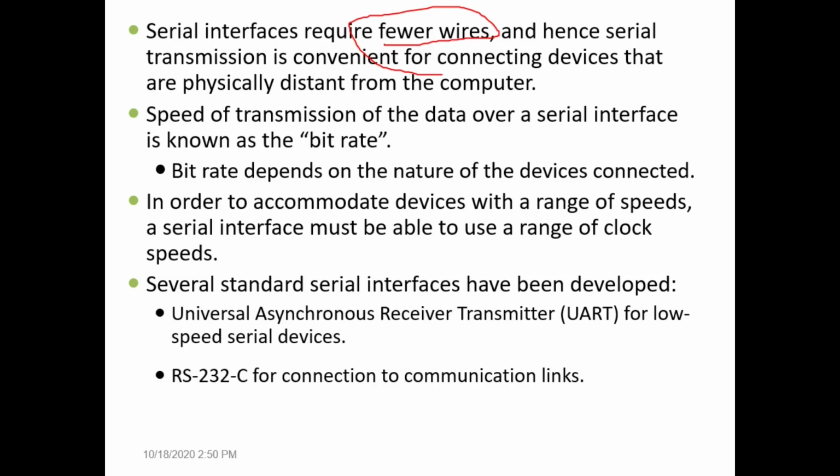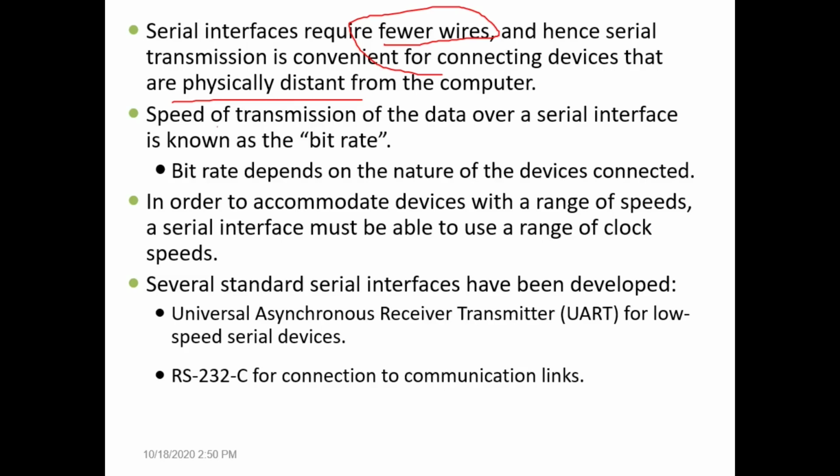That means we can connect physically distant devices to the computer, input or output devices which are far from the computer. If the physical distance is more, then we can go serial. Why? Because the serial interface takes fewer wires, so the cost of the connection will be less. If there is more distance between the device and the processor, we can use the serial interface.